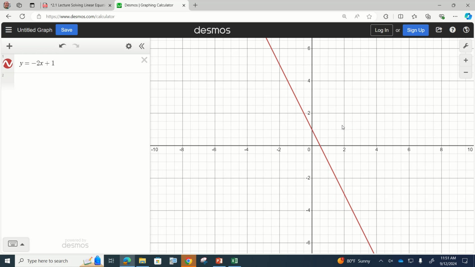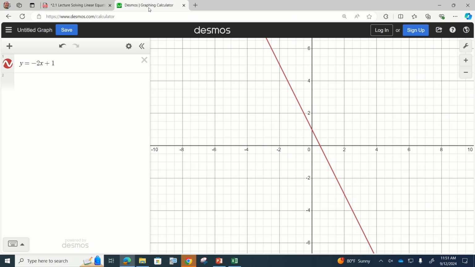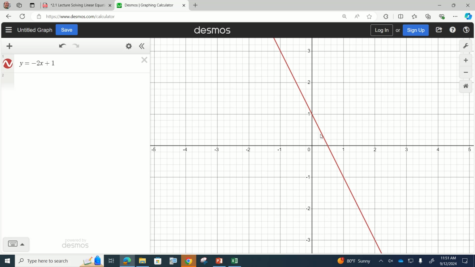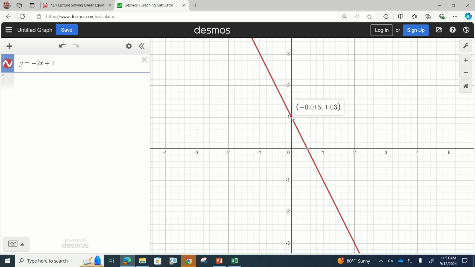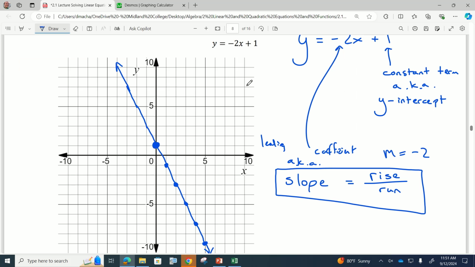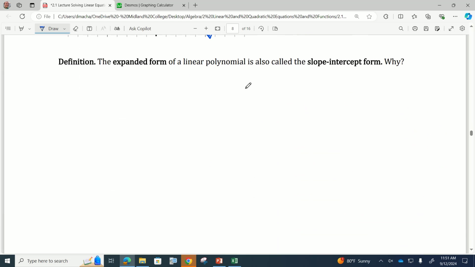And then say, does that line exactly match the line that I drew? And yeah, it looks like it does. It passes through the y-axis at the right y-intercept. It's got the right slope. We're doing good. So that's how you can check your work if you don't have an answer key.